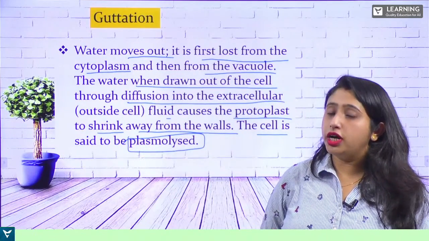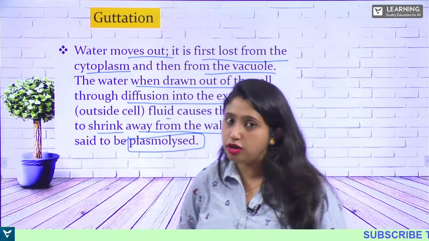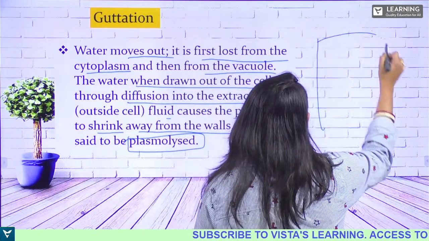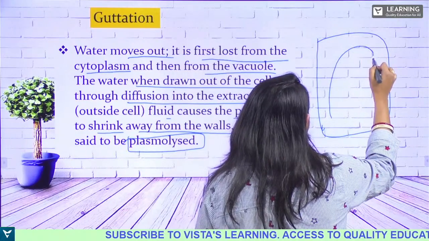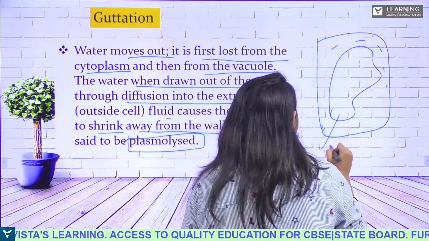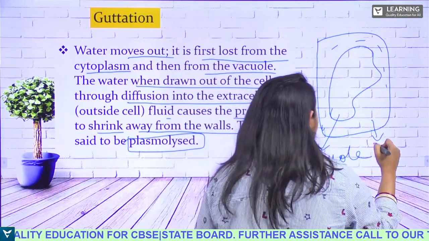So in this case, what happens? The water first gets released from the cytoplasm. Now you know that the cell has a vacuole, and these are all the cytoplasm. So this is the vacuole and this is the cytoplasm.